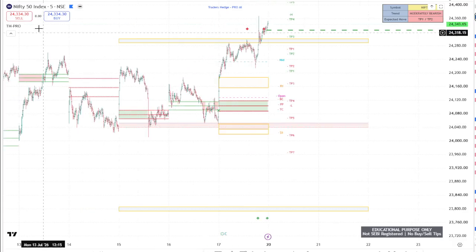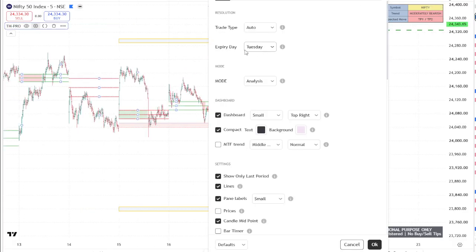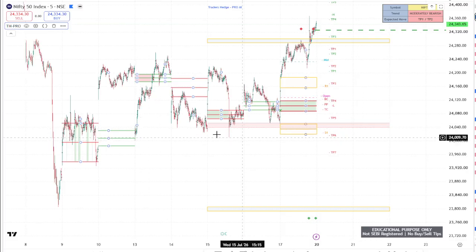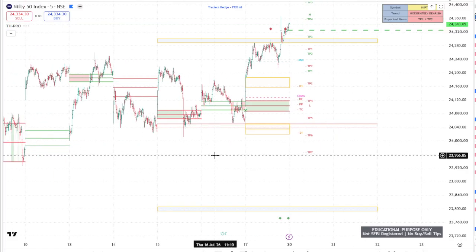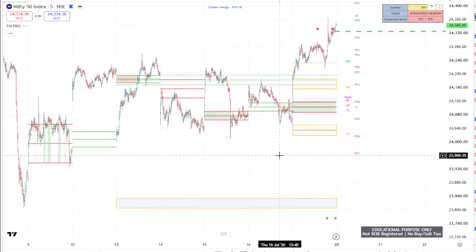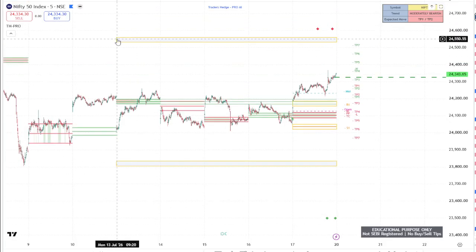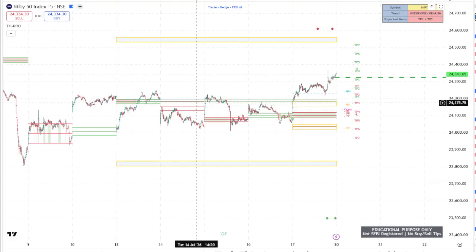As I said, if I keep this expiry day as the default, that is Friday, it will plot from Monday to Friday. In the case of Nifty, I have now kept it default. This is my first day of the week, Monday, and this is my weekly support. This is my weekly resistance, and the band in between is my weekly CPR.